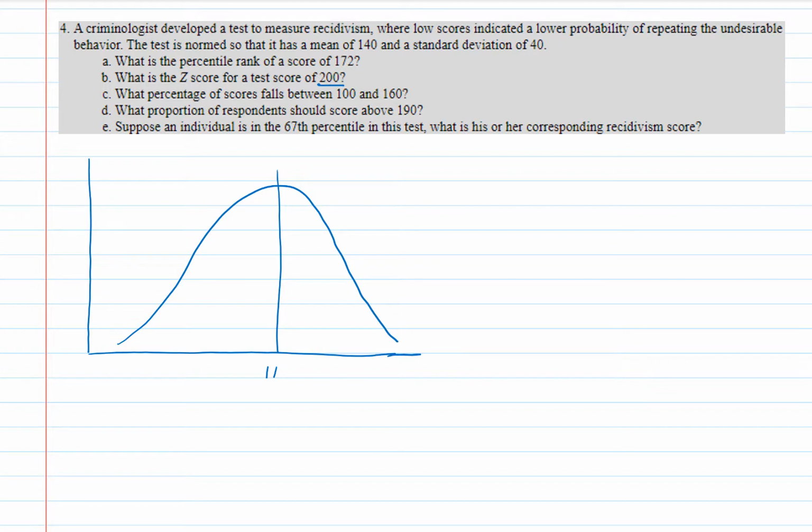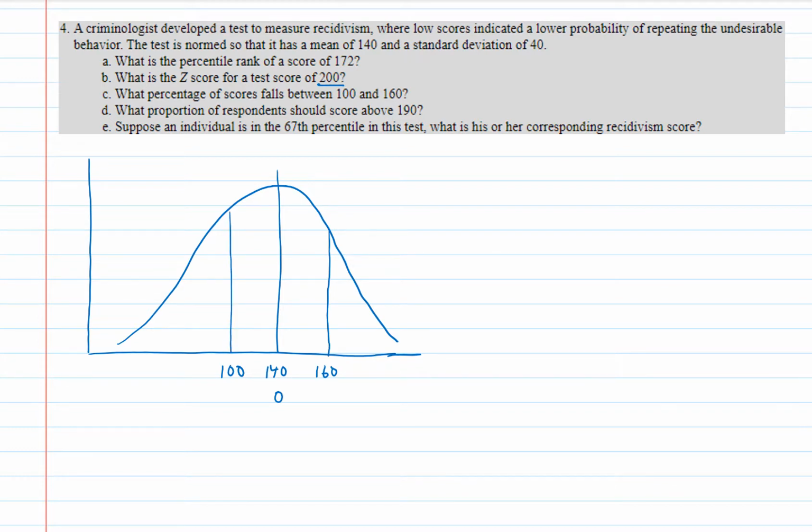Our mean is 140, and of course that corresponds to a z-value of 0. And we're looking for scores between 100, so we know that'll be to the left of 140, and 160. We know that'll be to the right. So what we're looking for here then is this area in here.